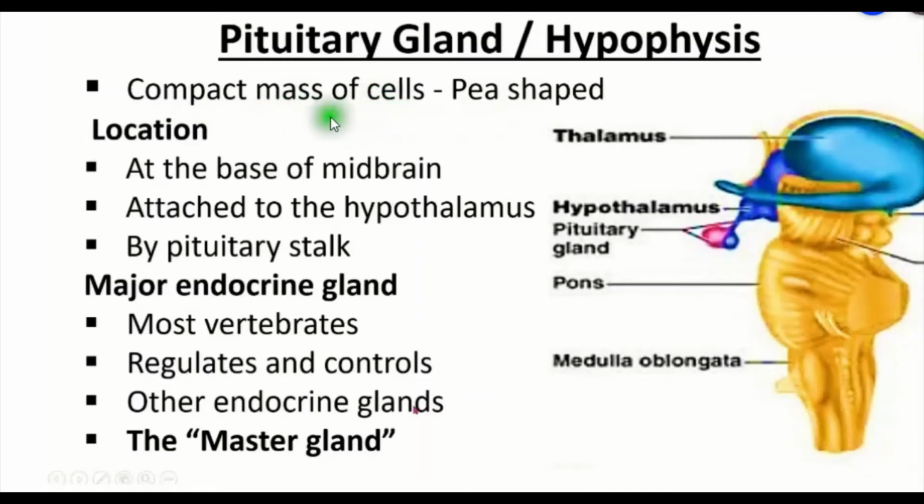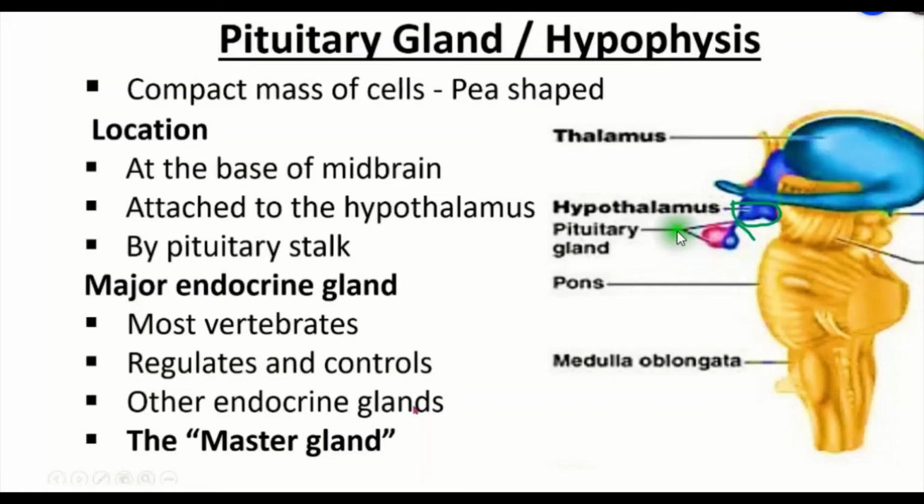The pituitary gland is located at the base of the midbrain and attached to the hypothalamus. This is the hypothalamus region. It is attached to the hypothalamus region by the pituitary stalk. So by the pituitary stalk, this pituitary gland is attached.